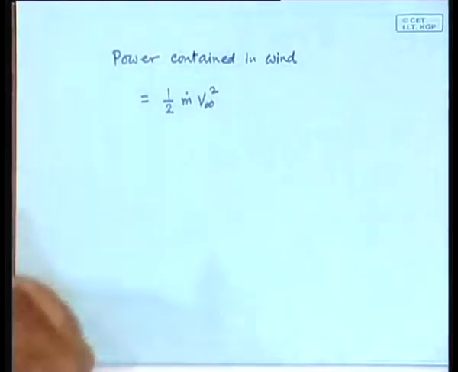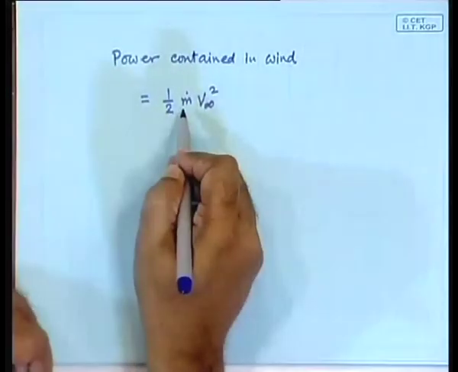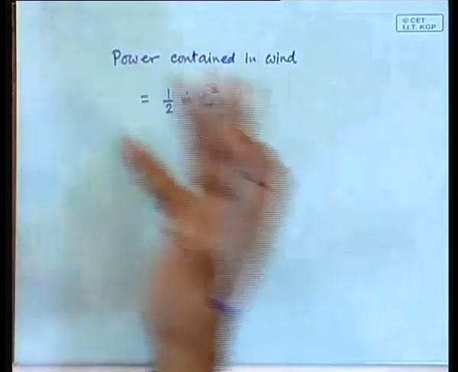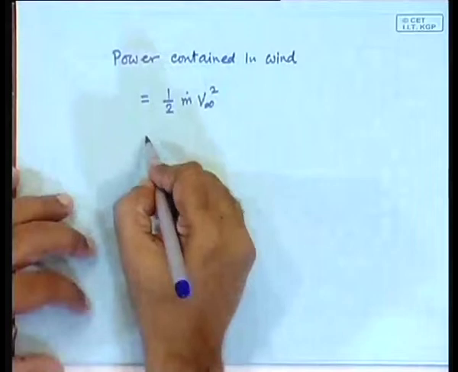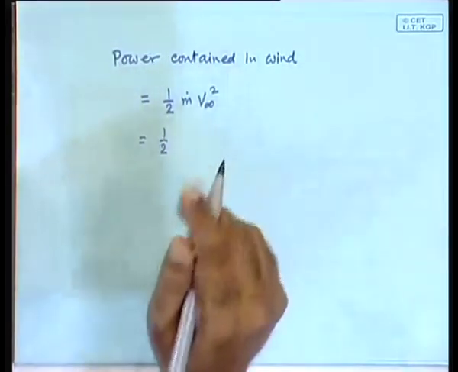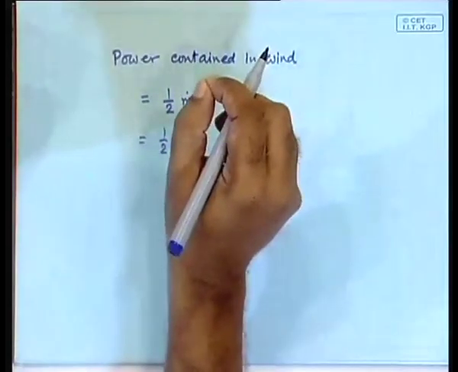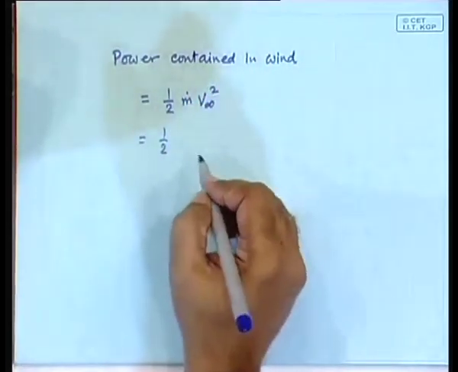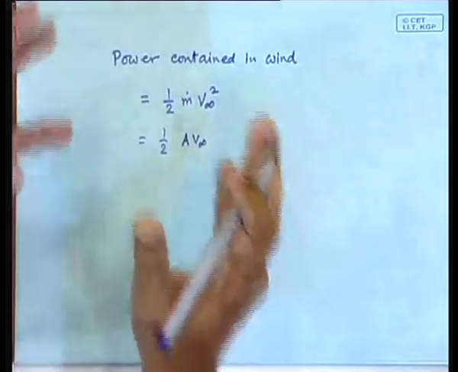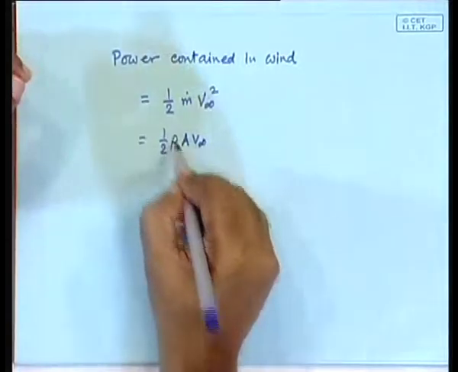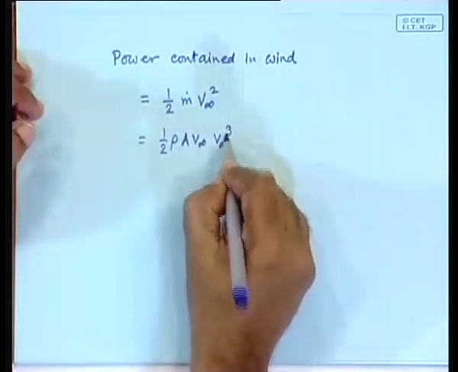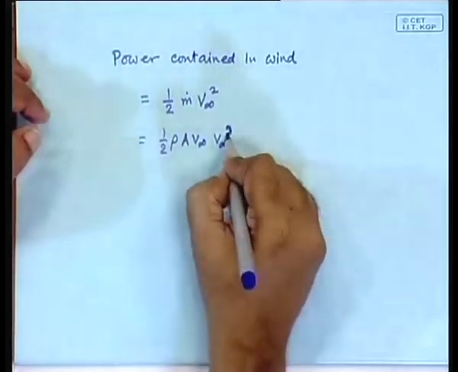So, half m dot V square, and what is m dot? M dot is the rate of flow of the air. This is equal to rho A V. A times V infinity is the volume flow, rho times that is the mass flow, times V infinity square.